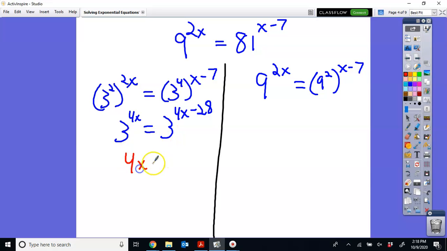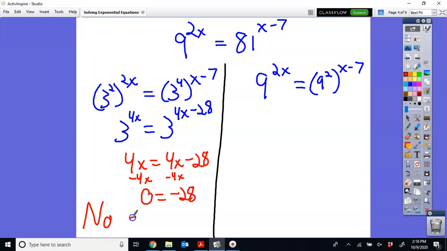That means 4x would have to also be equal to 4x minus 28. This one is going to give us an interesting answer, because if I subtract 4x, I'm going to get 0 equals negative 28. That is not true. That means there is no solution that would make this exponential equation true.